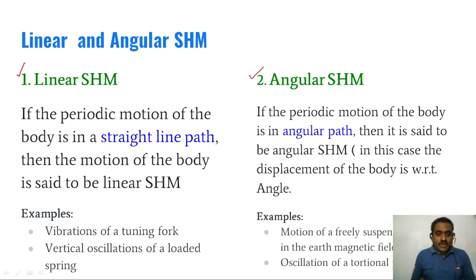You observe clearly, linear means along a straight line path. On the right side, angular means around a fixed point or angular path. If the periodic motion of the body, particle or object is in a straight line path, then that particular motion of the body is said to be linear simple harmonic motion.